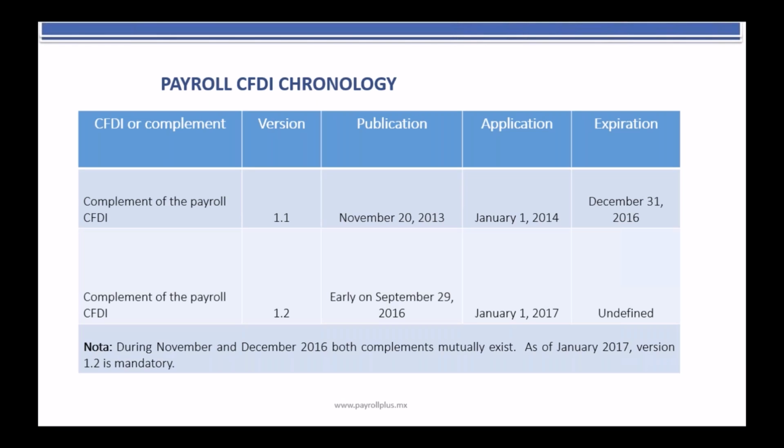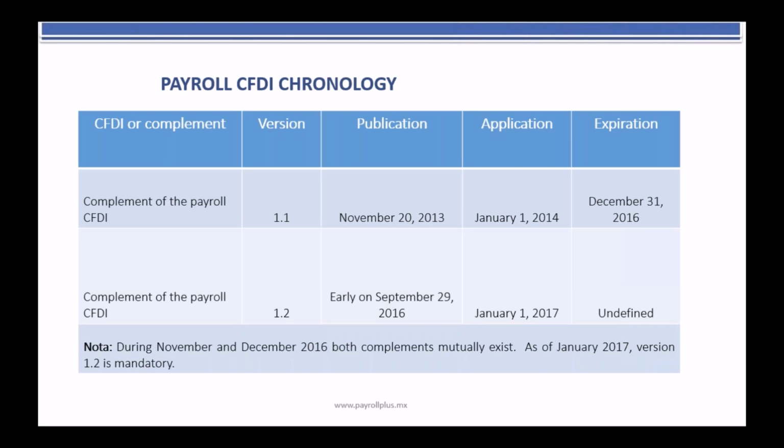So the authority has mentioned that there will be a time frame in which both versions are valid. But in the end, let's say the third or fourth week of 2017, version 1.1 will expire.